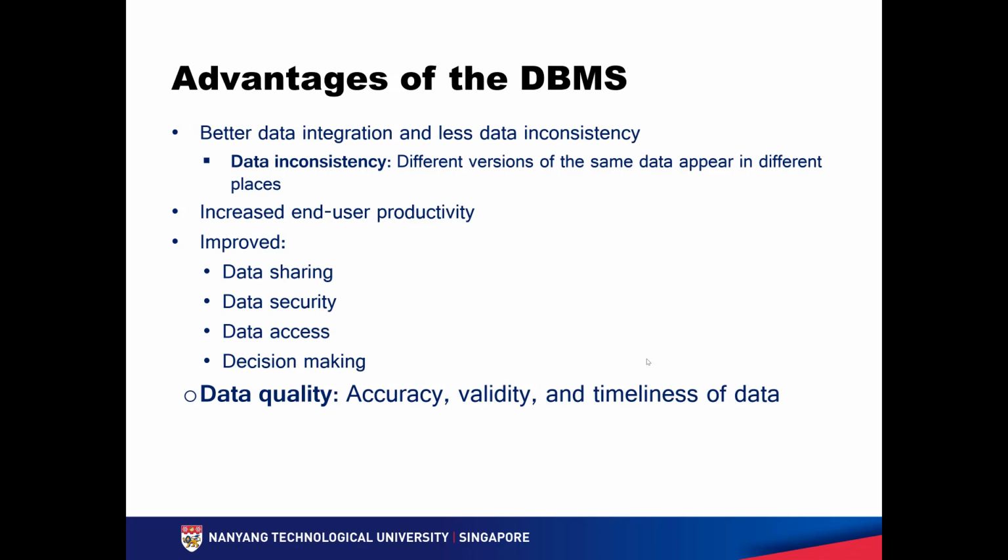When data consistency is enforced, I should have only one single copy of my remaining balance. Be it $100 before the transfer or $90 after the transfer, there shouldn't be more than one copy of my account balance. By doing that, it helps us to increase end user productivity.